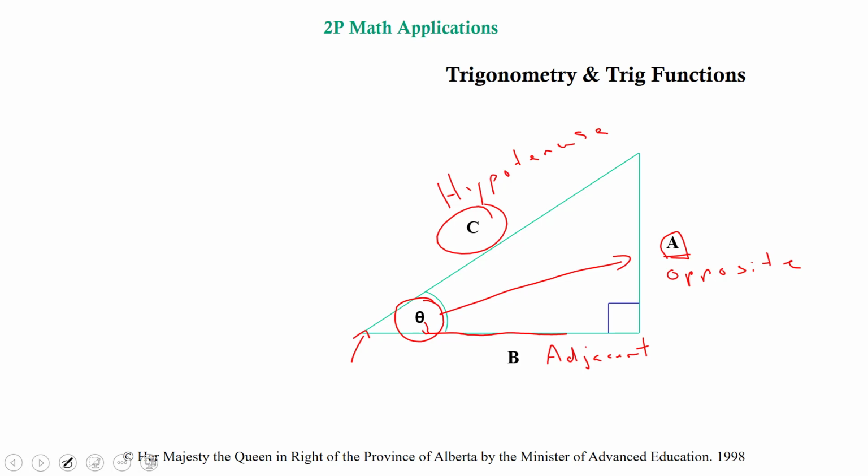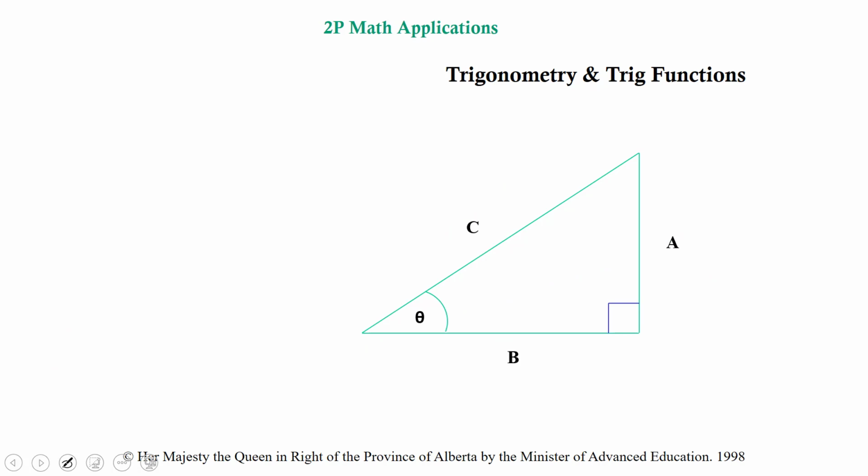Okay, so it's really critical that we are able to label the sides of the triangle accordingly so that we're using the correct ratios. Side A right here, in relationship to our angle theta, is called the side opposite.